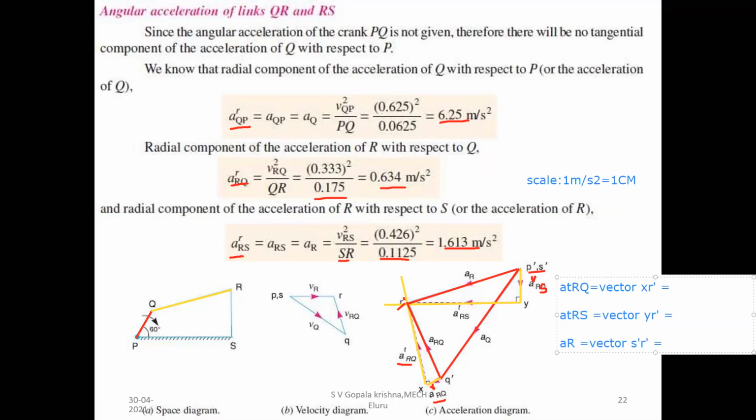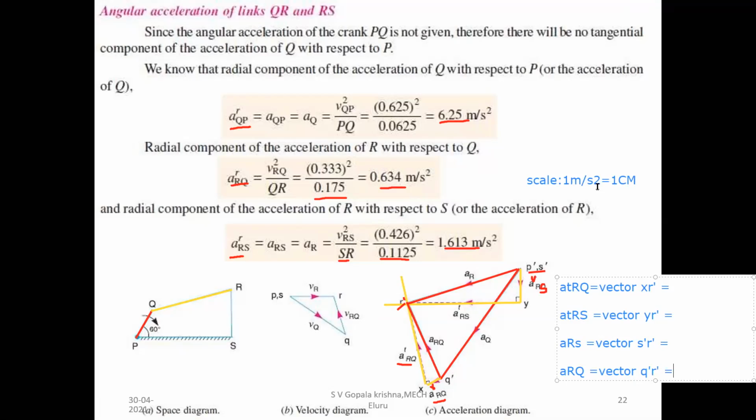That is ARS, and this is ARQ equals to vector Q dash R dash. So just take the scale and measure the values and mention them here.